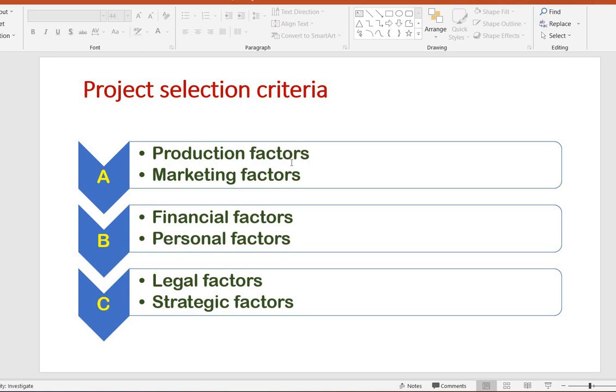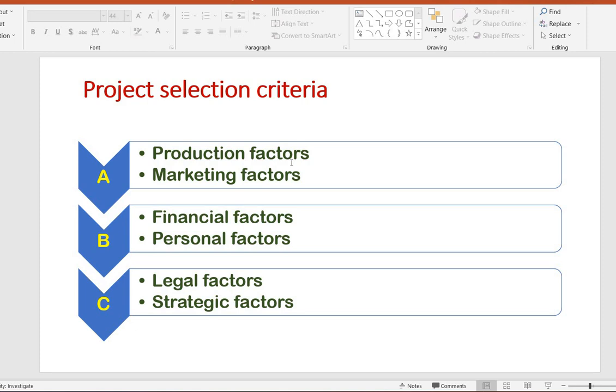We will be discussing the feasibility study in a later session, when we initiate any project. But before that, let us have some basics in this presentation. Project selection criteria play an important role.